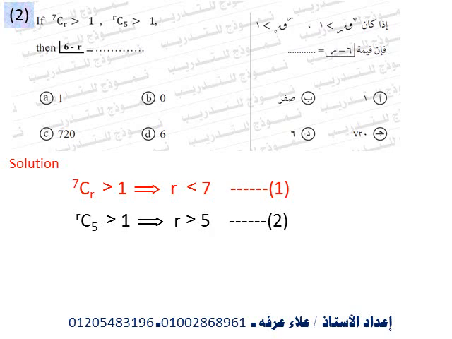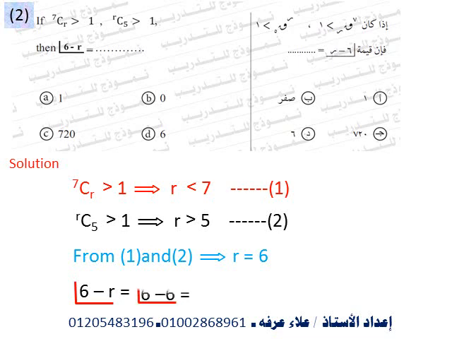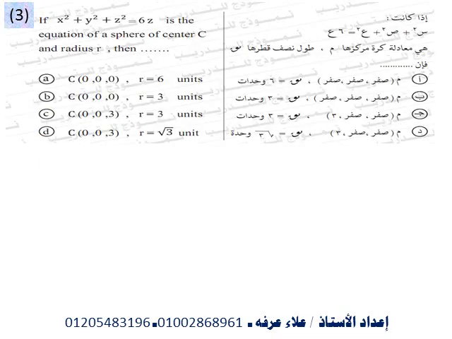From 1 and 2 we can get r equals 6. Factorial (6 minus r) equals factorial (6 minus 6) equals factorial 0 equals 1. We can choose 1.